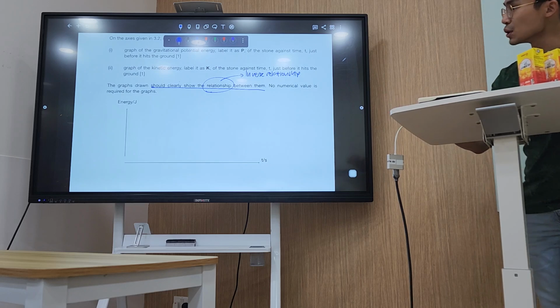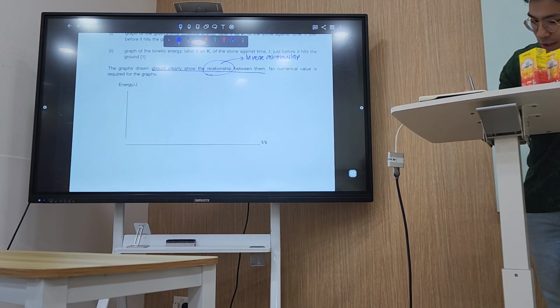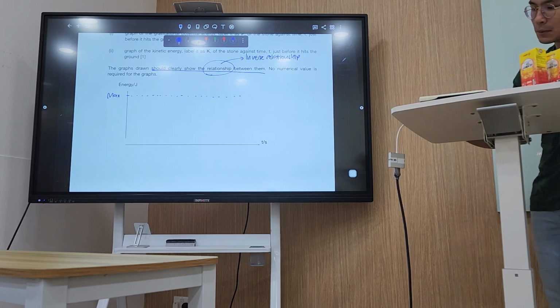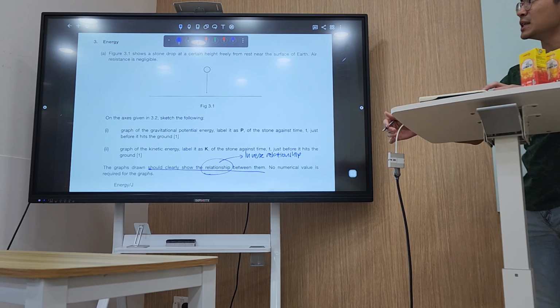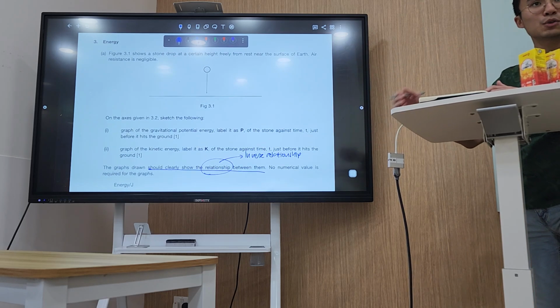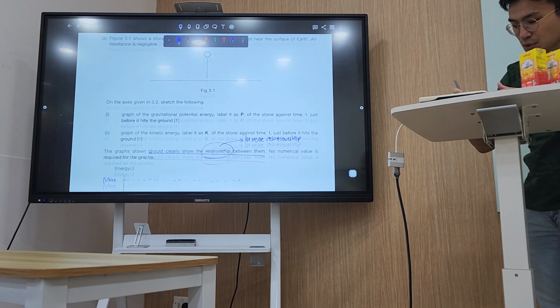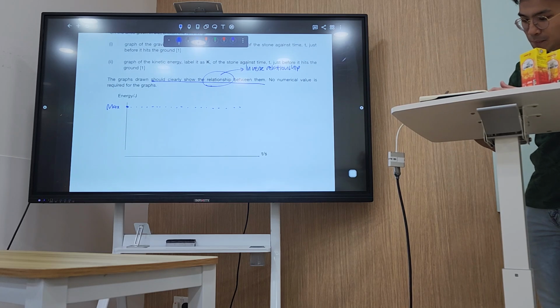Let's say this is our max, some arbitrary maximum value. You start with maximum GPE, because you drop from rest.